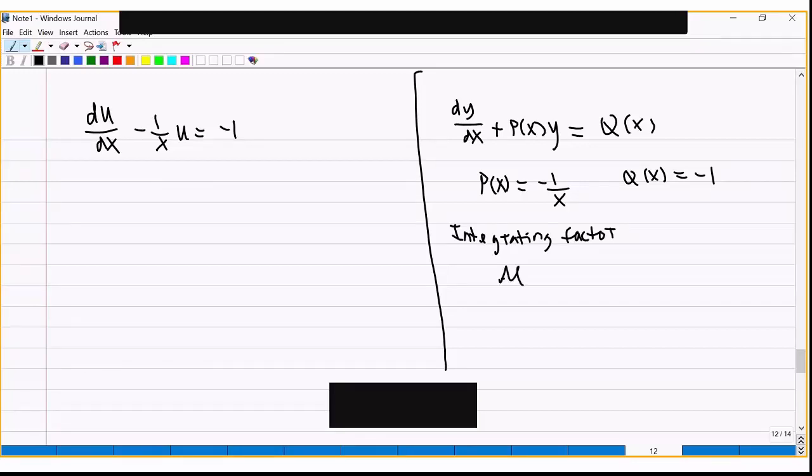Usually we use mu(x) here. It's e power integral of p(x) dx, so we integrate e power minus 1 over x dx. Integrating minus 1 over x, we know is ln x, with a minus sign.